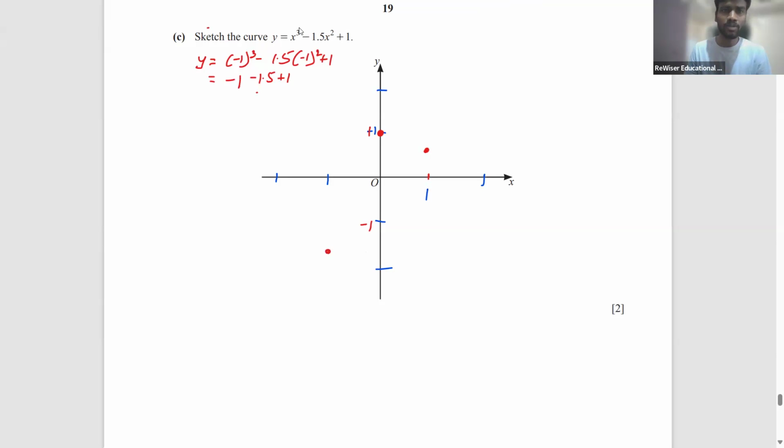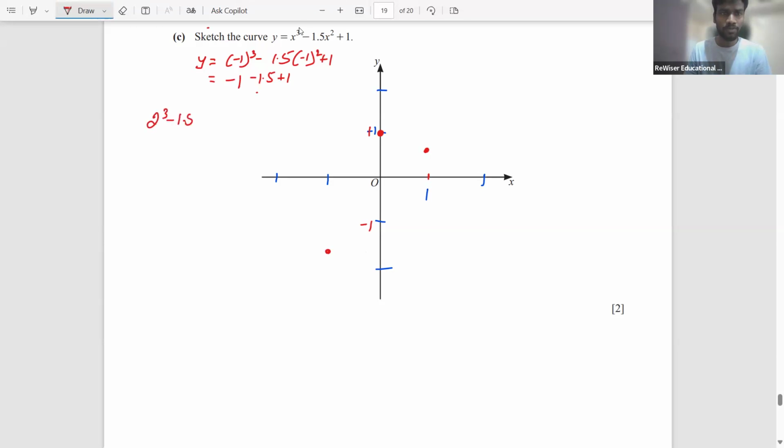And when x is 2, it's 2 cubed minus 1.5 times 2 squared plus 1. So 2 cubed is 8 and 2 squared is 4. 4 times 1.5 is 6, so 8 minus 6 plus 1 is nothing but 3. At 2, it is going to be 3 here.